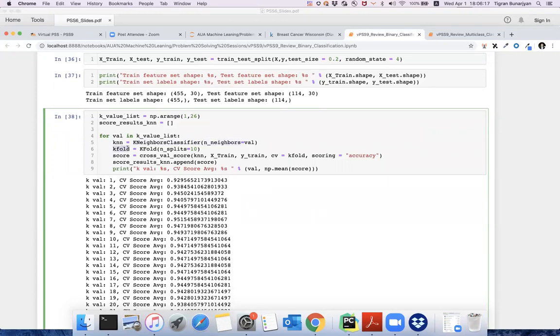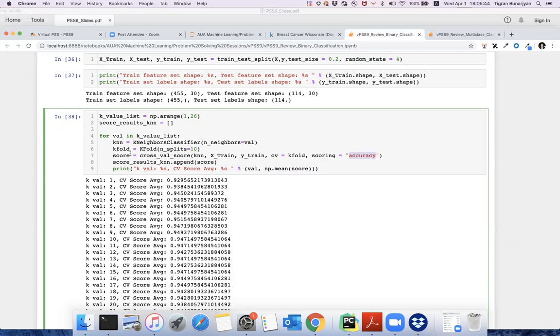So we use KFold, and the number of splits in here is 10, and we also try to estimate the cross-validation score using KNN as our model, x train and y train as our input data, and the cv equal to KFold as a tenfold cross-validation parameter, where we try to estimate the accuracy.